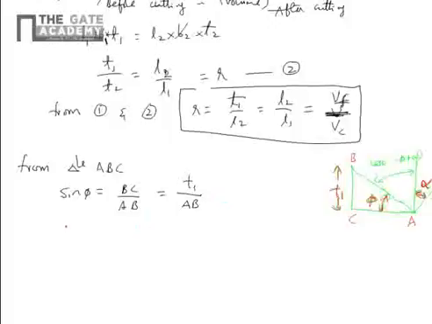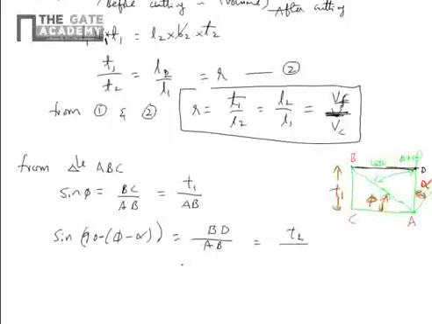Next, similarly, sin of 90 minus phi minus alpha equal to BD by AB. D is nothing but this one. So what is BD? T2 by AB.